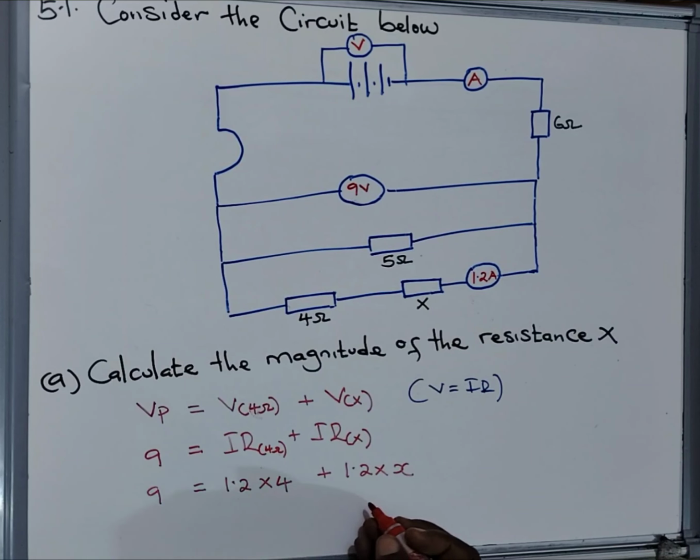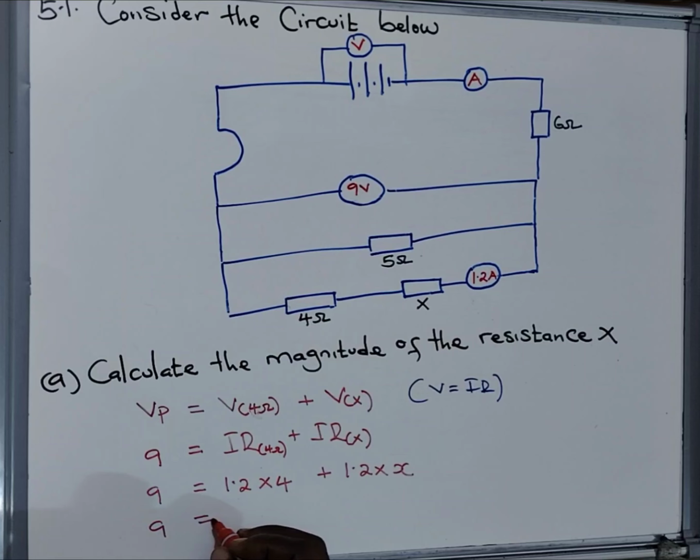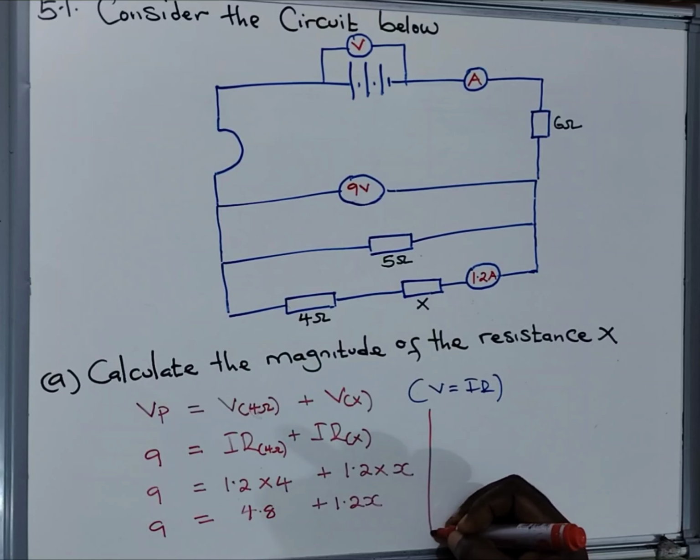And this gives us 9 is equal to 4.8 plus 1.2x. So what do we do here?